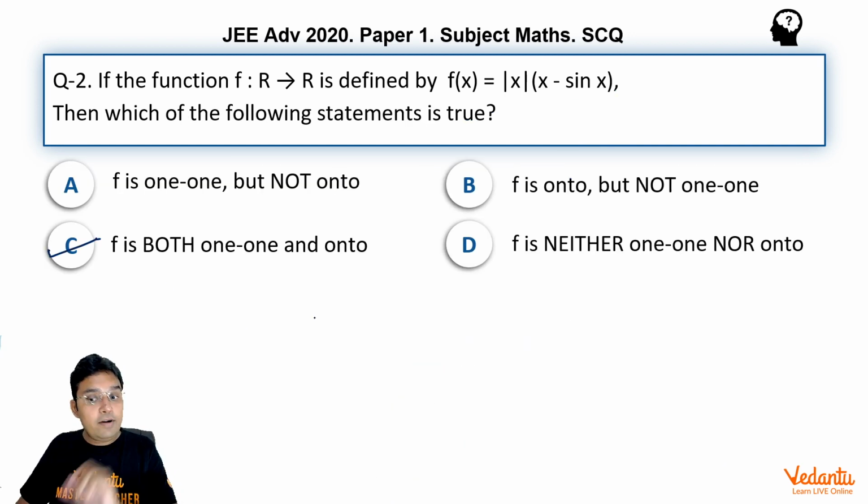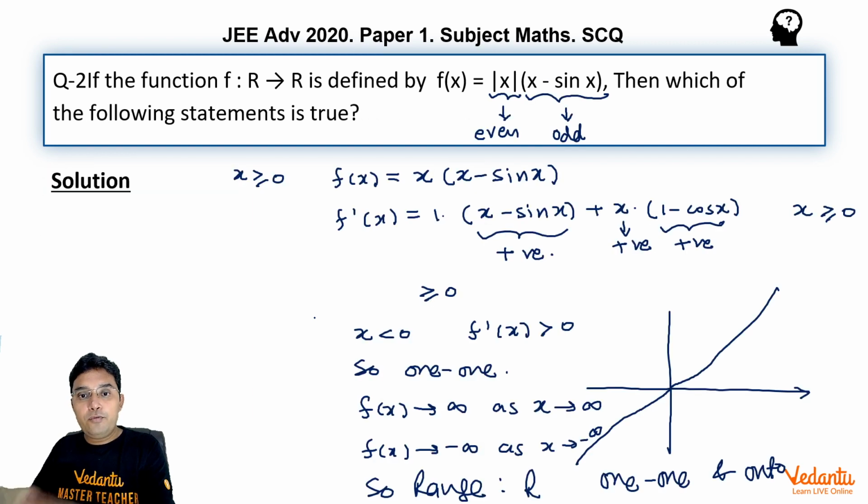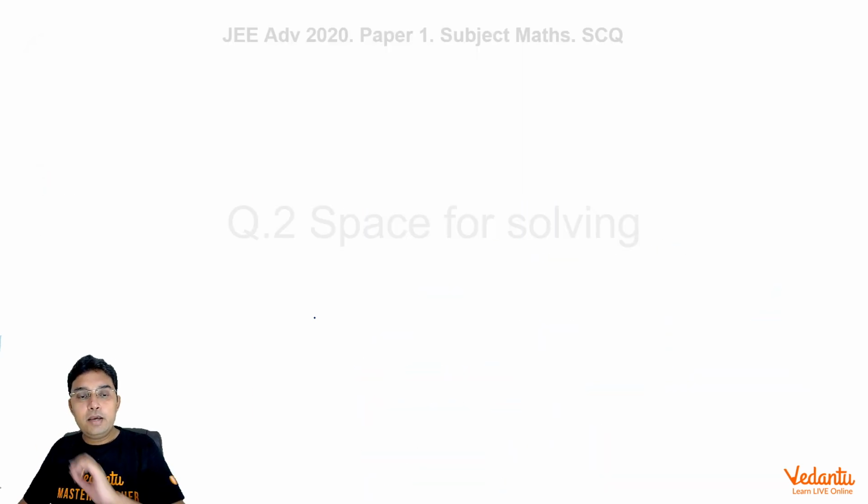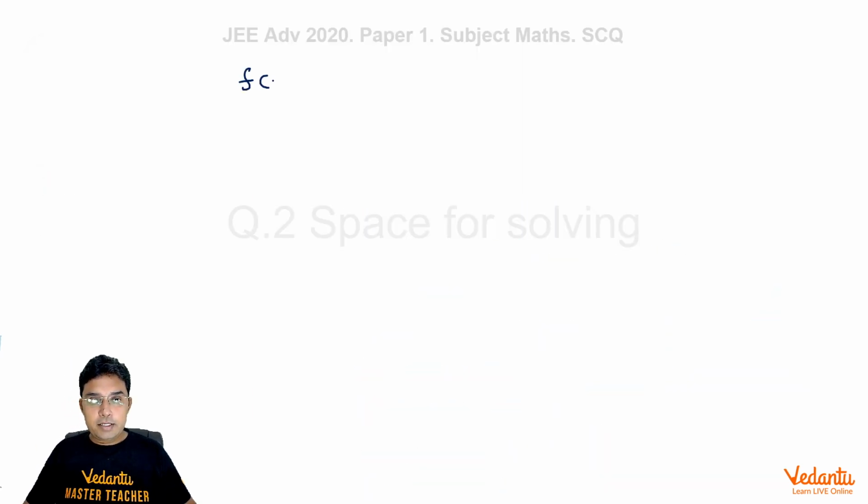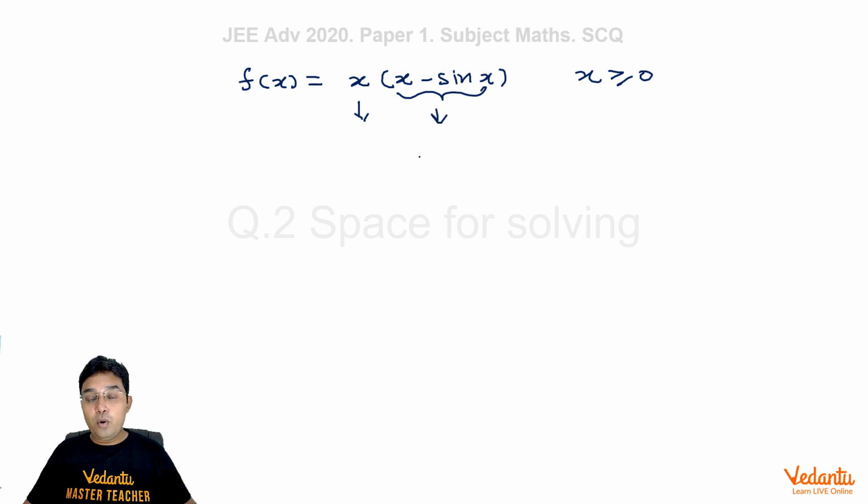Now I will tell you one very quick method for this one-one part. Let us see what it could be. See, this function is f(x) = x into (x - sin x) for x greater than 0. Now this x here and x - sin x here, they both are increasing, isn't it?